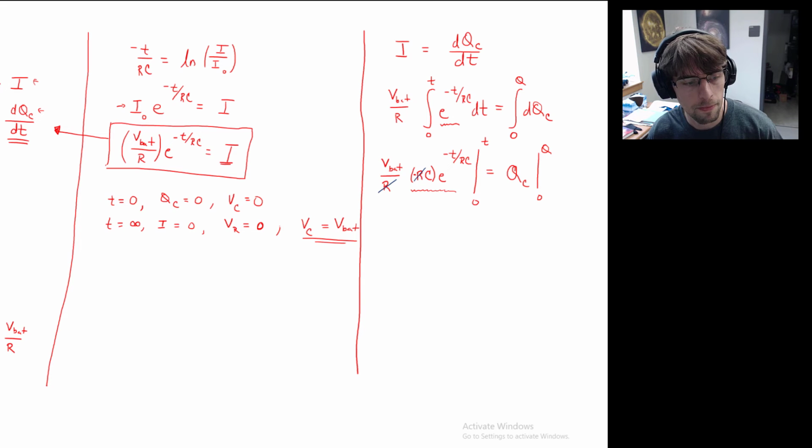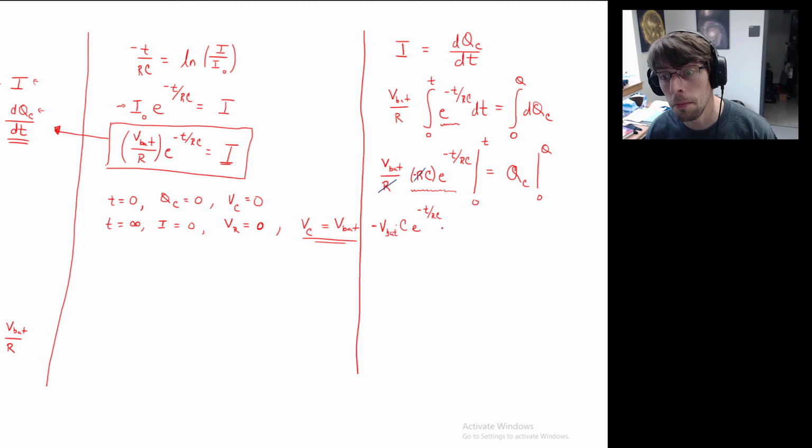Okay. So we write it out. We have V battery times our capacitance times e to the negative t over RC. And this is negative. Don't forget we have a negative sign right there.